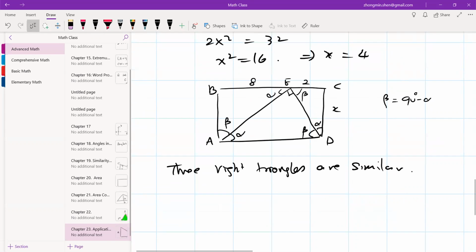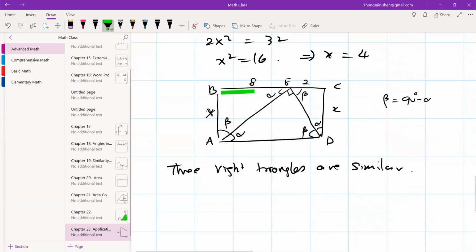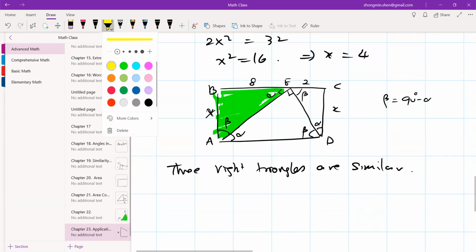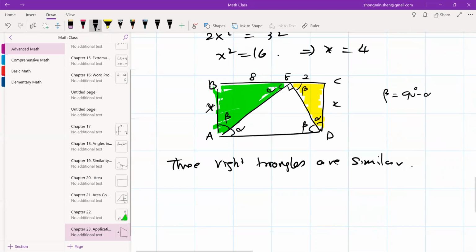Okay, so look at this. Those two triangles are similar. The ratio of corresponding sides will be x over 8, comparing those two sides, and it equals 2 over x, comparing those two sides, okay?